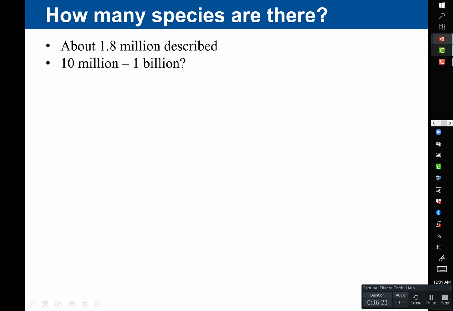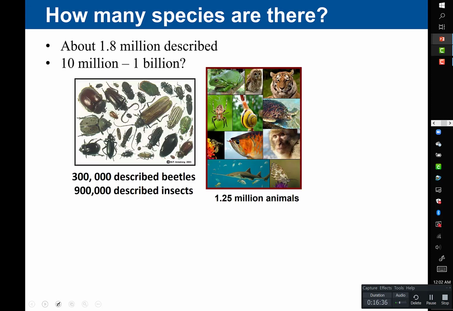There are probably a lot of different organisms that still need to be discovered, and also our understanding of what exactly is a species will frame how many species there are. If we look at the animals, there are 1.25 million different animal species that have been described. Again, that number is lower than what it probably is. Estimates range anywhere from 10 to 30 million animals potentially.